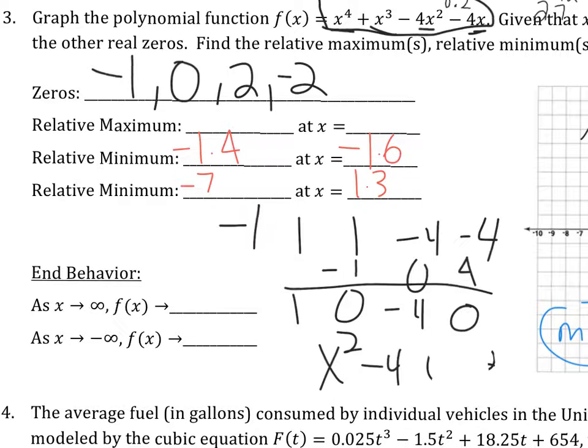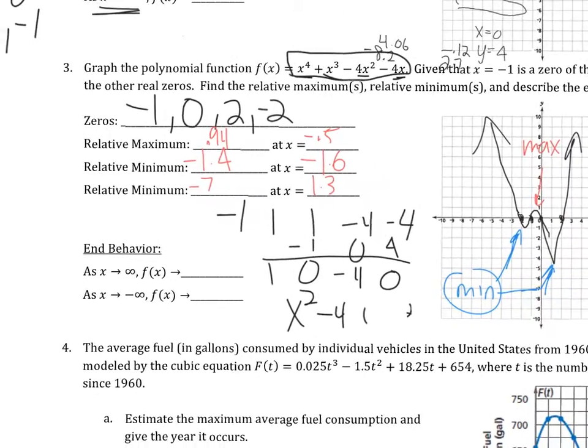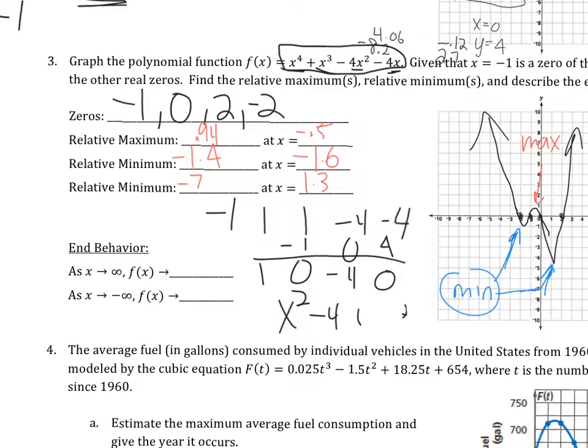So now the maximum is going to be at negative 0.5 approximately, and it's going to be 0.94. So that's kind of what you're looking at. Now this time, take a look at end behavior. As x goes positive, as the graph goes that way, the graph goes up, so that's positive.